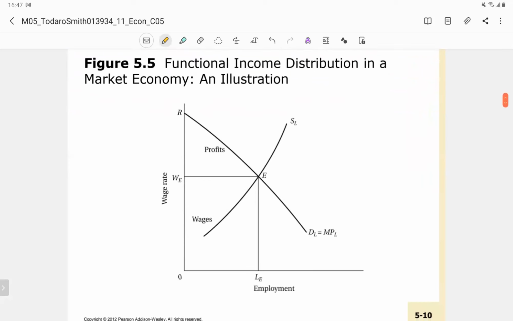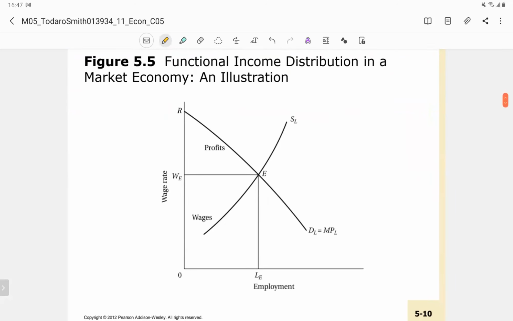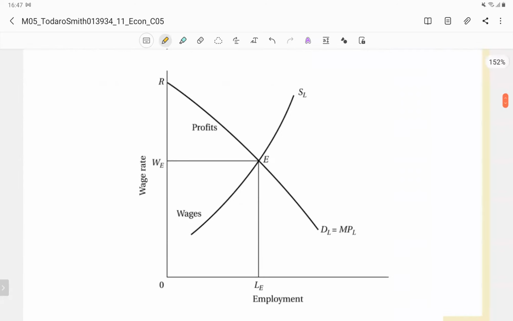So this is an illustration of functional income distribution in the market economy. Theoretically, in the market economy, the demand for labor is going to equal the marginal product per labor. And then this is the supply of labor. And at the equilibrium point here, this is where the wage rate is going to be.